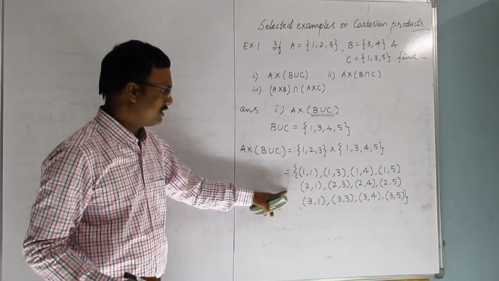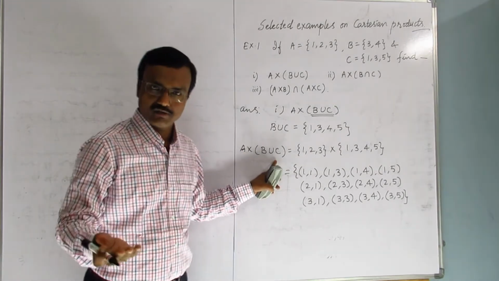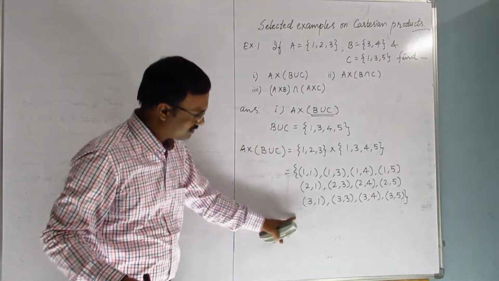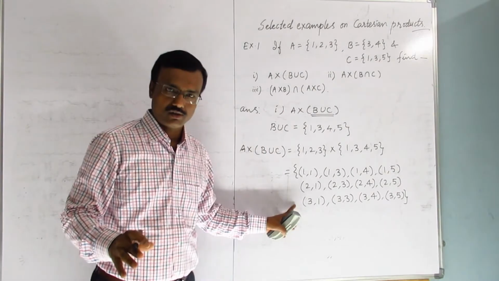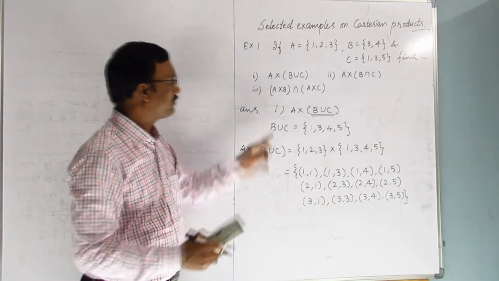So that's all. This is the required answer. A cross B union C means the Cartesian product of the set A and the set B union C is this. This is the collection of all ordered pairs which represents the Cartesian product. So that's all for the first one.